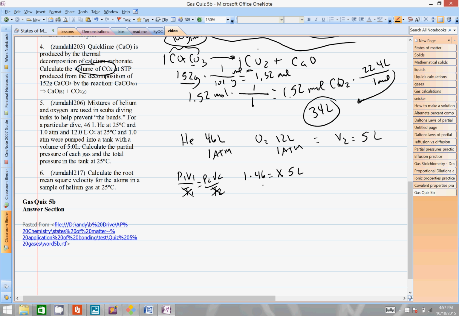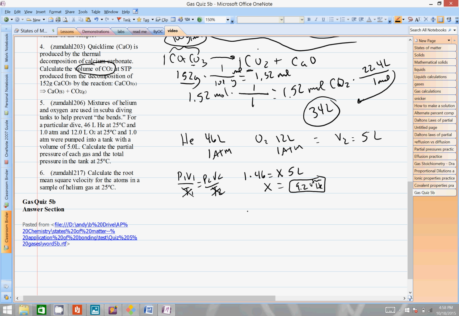Now this X will give me the partial pressure of just the helium, and that should be about 9.2 atmospheres.